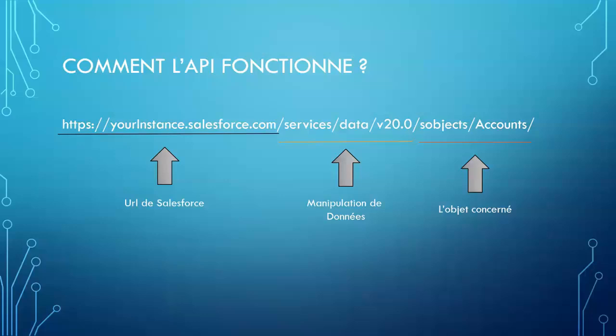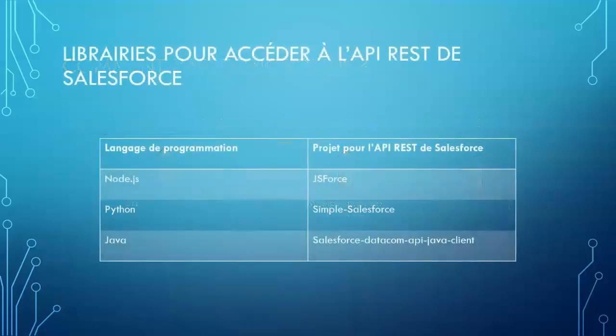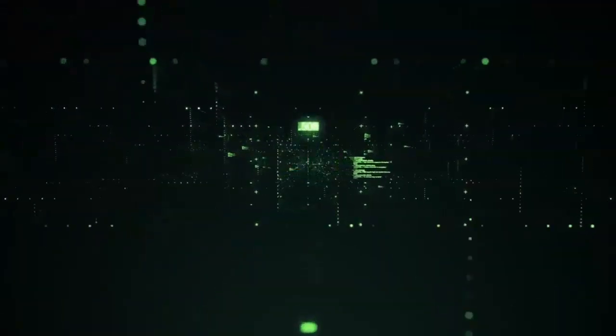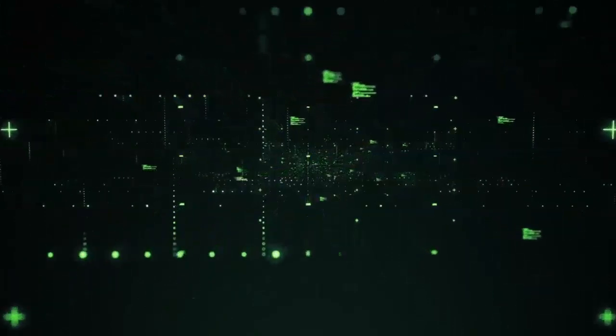This library can make it easier and make the process of doing the integration faster. For example, as we will see in the practical part, with Node you have JSForce, which is a library with methods already built and developed so that you can interact easily and safely with the Salesforce REST API. If you don't use Node, don't worry.